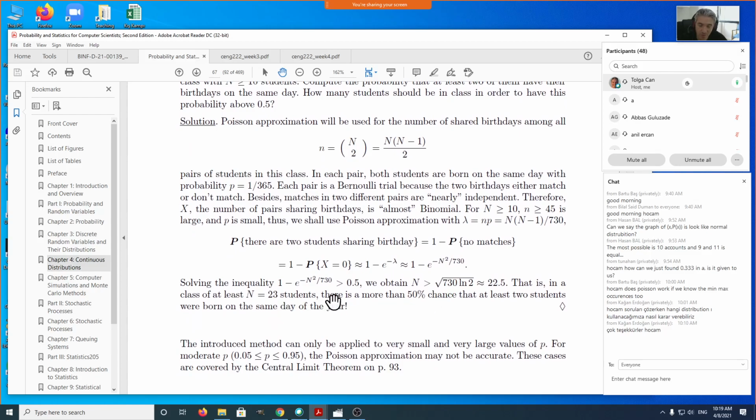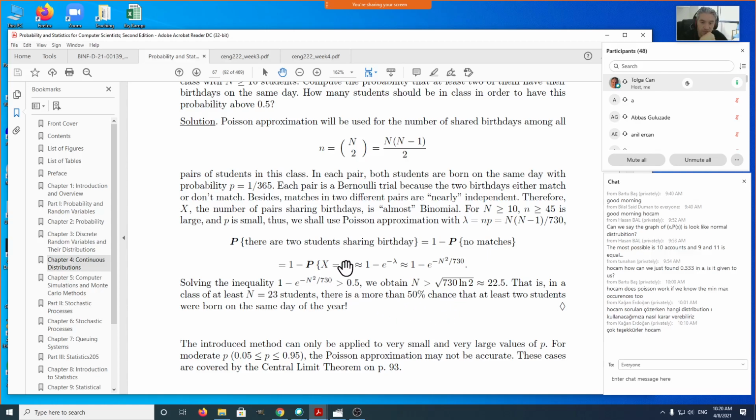When we solve the inequality, in order to have this probability greater than 0.5, we find n greater than 22.5. In other words, in a class of at least 23 students, we have more than 50% chance that at least 2 students are going to share the same birthday.